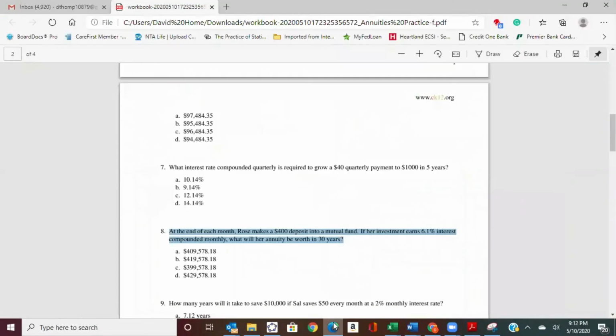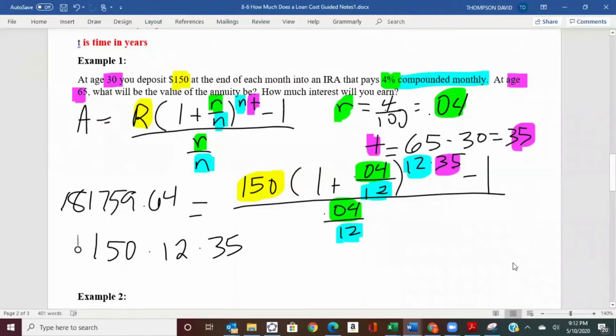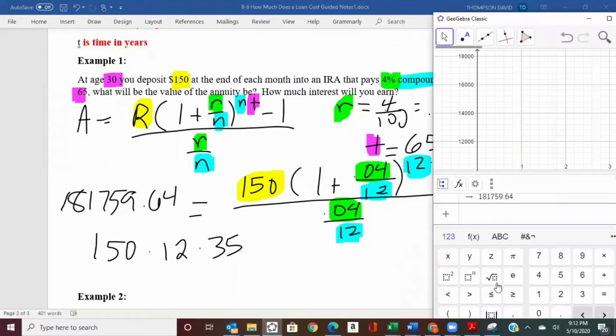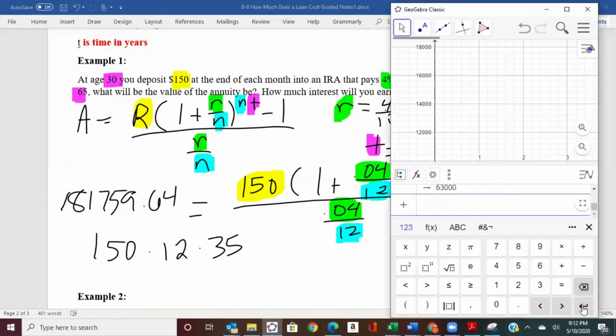So use the calculator because I don't know what that is off the top of my head. $150 times 12 times 35. And that gives me, I invested $63,000.